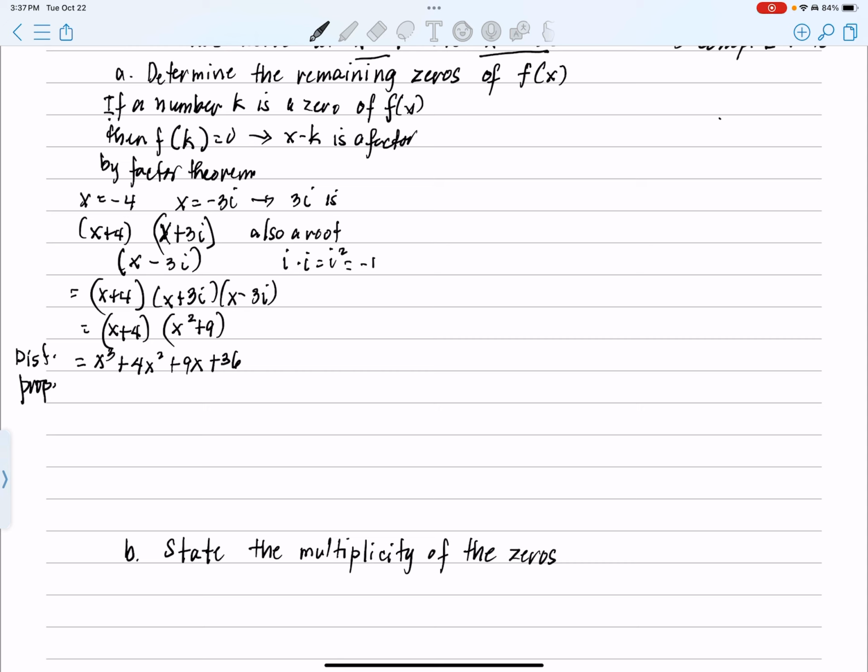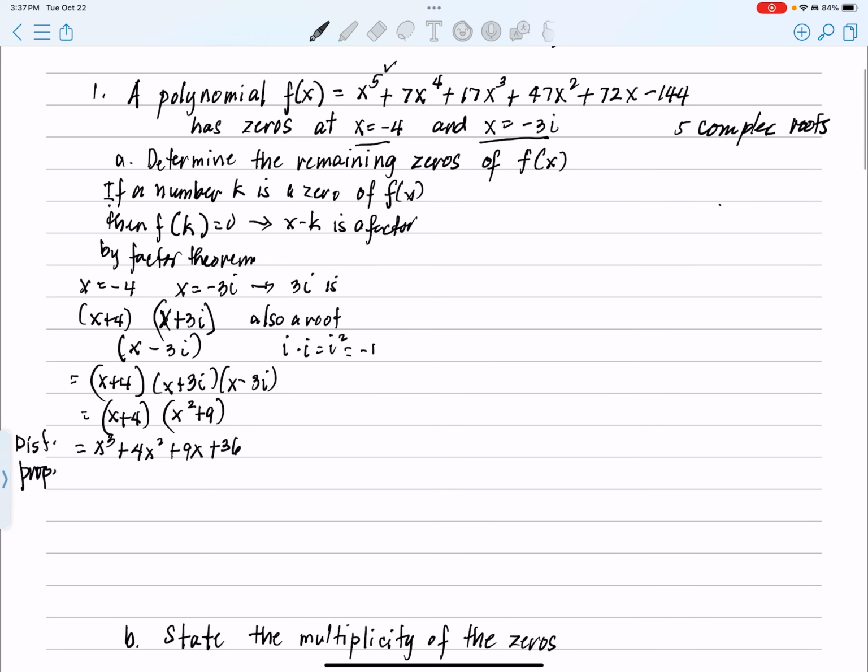Alright. Now, next we can use this polynomial given, because we're still looking for those two. Let's use division. I hope you remember division of polynomials.